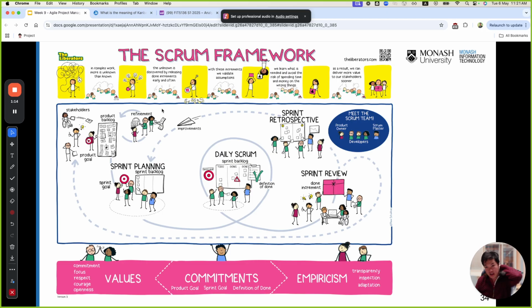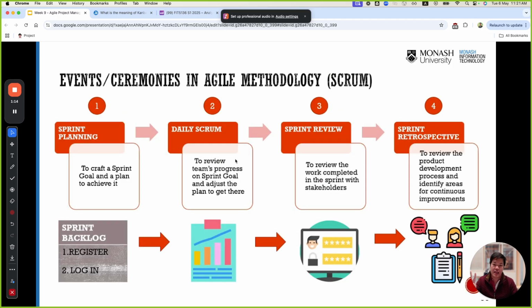Agile ceremony means the meeting as part of the Agile process. Within the Scrum framework, there are 4 meetings: sprint planning, daily Scrum, sprint review, and the sprint retro. These are the 4 key sprint events, events as part of the Agile methodology, or in particular the Scrum.